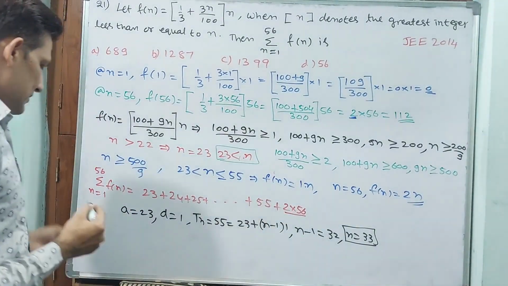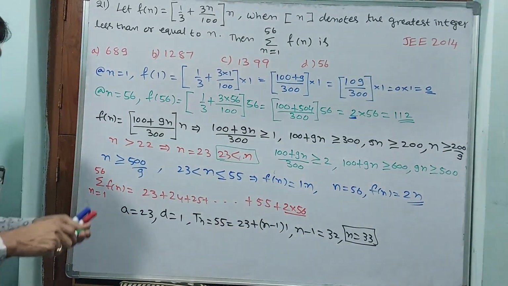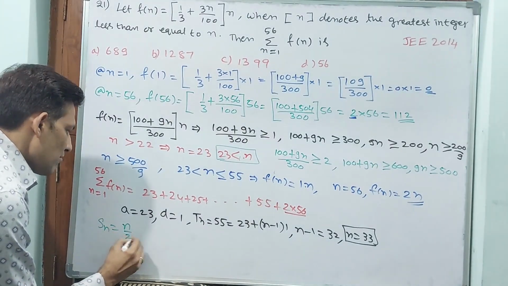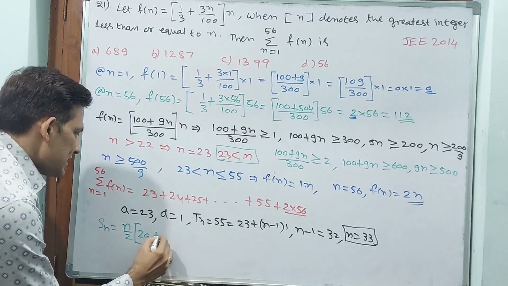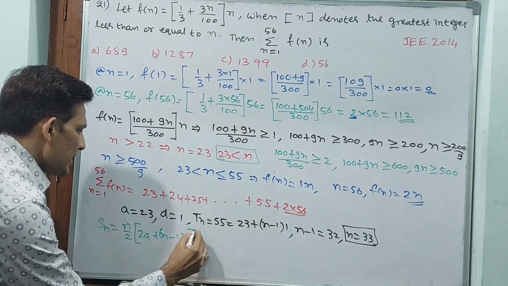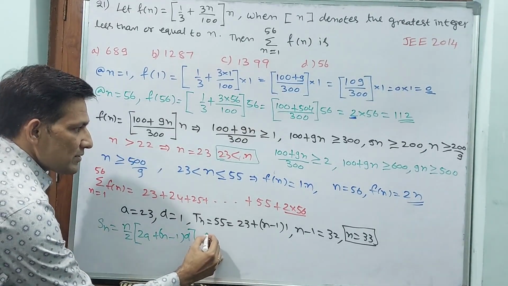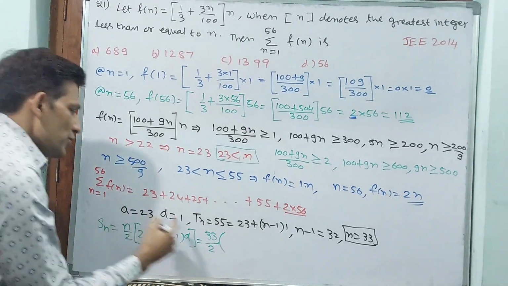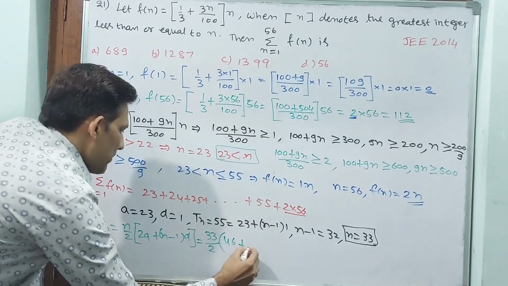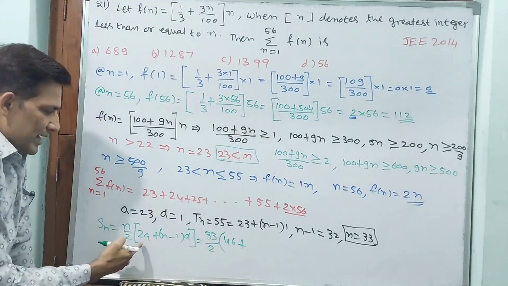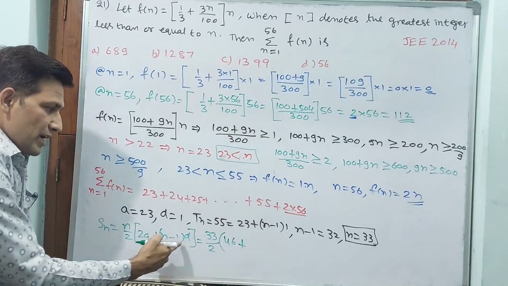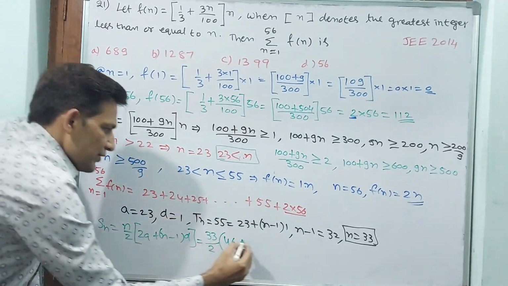This 33 terms sum you make and add 112. Let us add the 33 terms sum. The sum formula is Sn equal to n by 2 into (2a plus (n minus 1) into d). n is 33, so 33 by 2 into (2 into 23, which is 46, plus 32 into 1, which is 32).